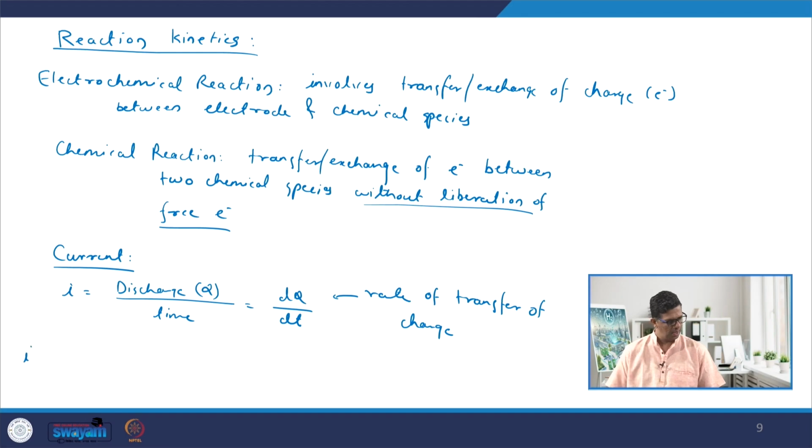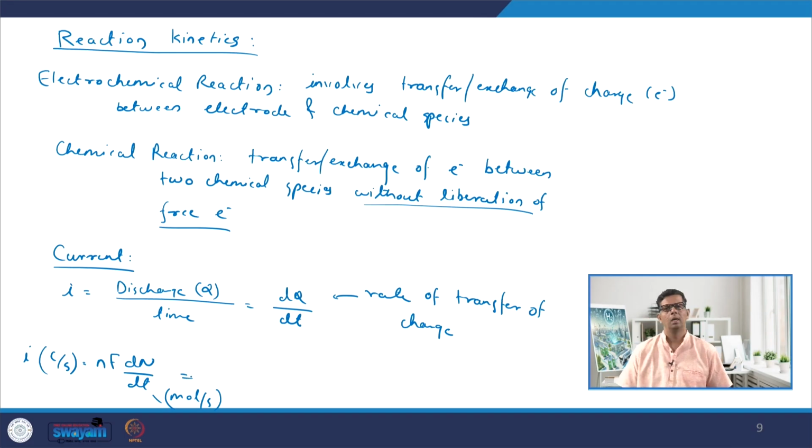So this I, which is in coulomb per second, I can write in terms of molar flow rate. So I can write dn by dt, and dn by dt is in mole per second. However, we cannot quantify the flow rate in moles. What we can do instead is use a volumetric flow rate. So we have to convert this molar flow rate into volumetric flow rate.